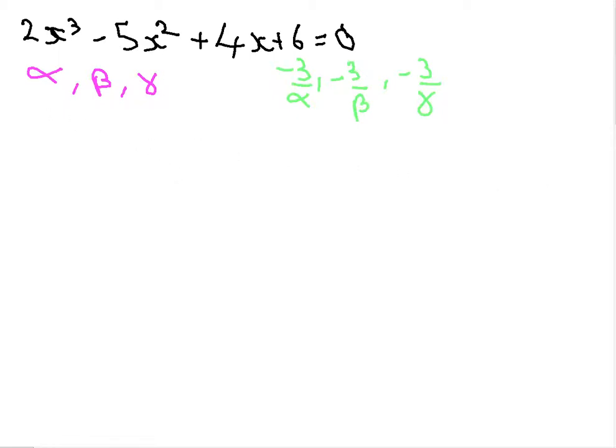First of all, you let x equal minus 3 over alpha.